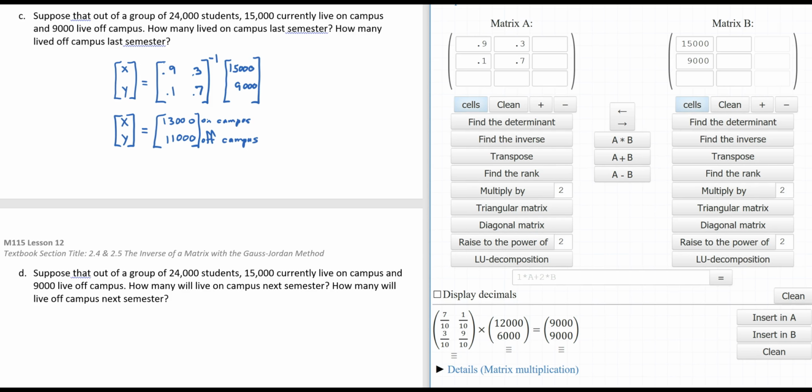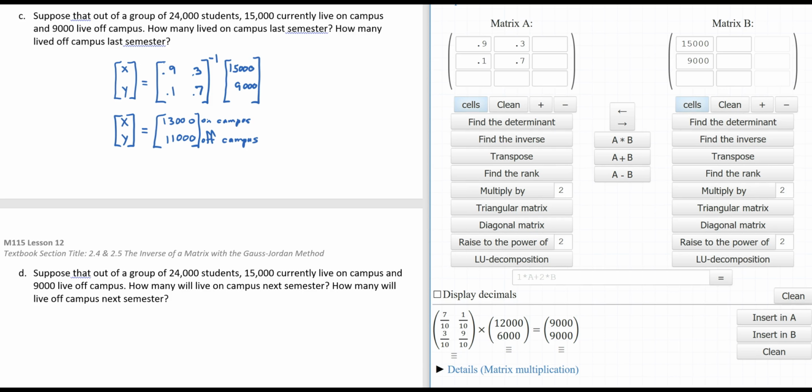And if we look back at our labels for X and Y, U and V, we can see that next semester is for the variables U and V. That means our values that we have of 15,000 and 9,000 are the current semester that we're considering, and those are the X and Y values.